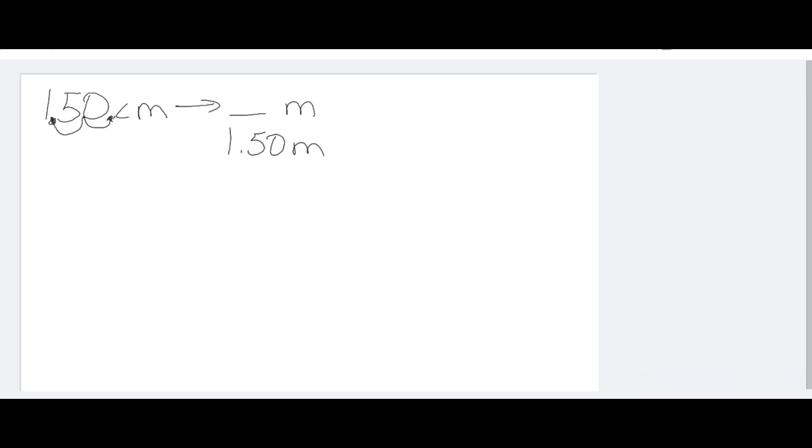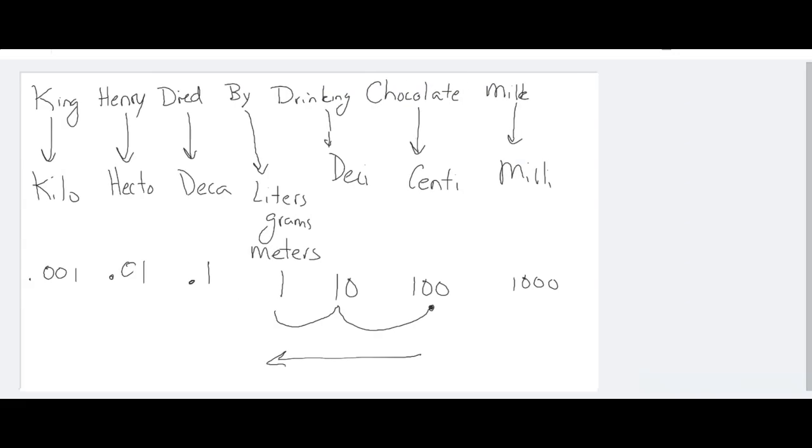Now let's say that we have 1,260 milliliters, and we want to convert that to liters. We're going to do the exact same thing. Our decimal point is right there. We're going to go back to our little mnemonic, and I'm actually going to erase what we did here.